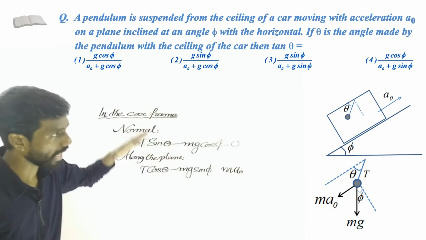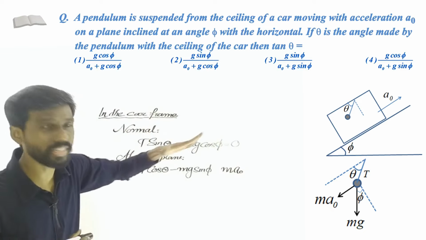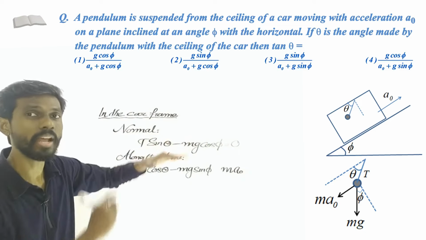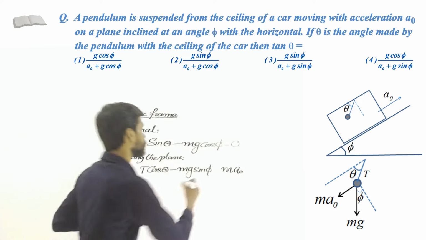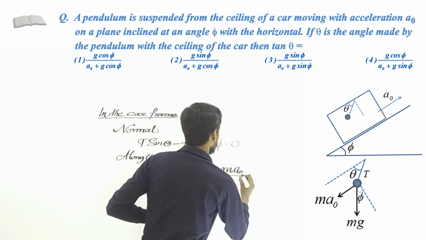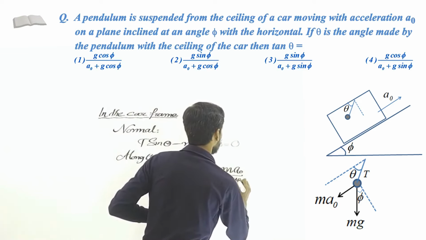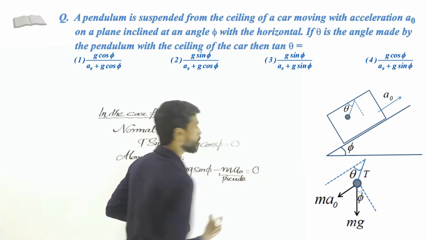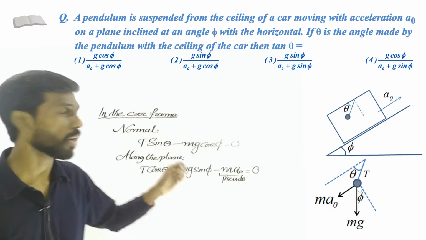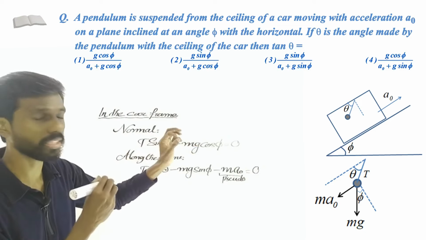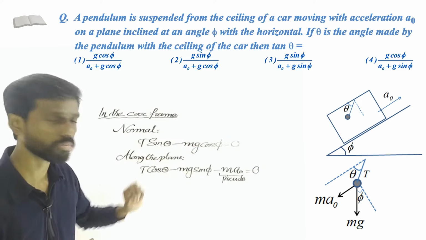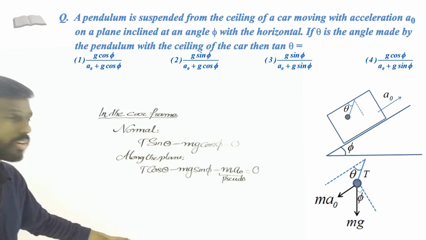The acceleration of the observer is in this direction, so the pseudo force will be in the opposite direction, so negative, minus. So this is the pseudo force here, and the sum must be equal to 0, right? Because if you observe this pendulum from the car, it appears as though this pendulum is at rest. Okay, that's all. So we simply have to solve this to get the answer.